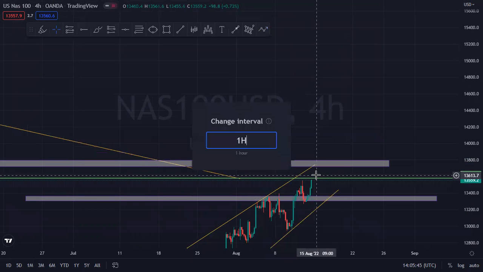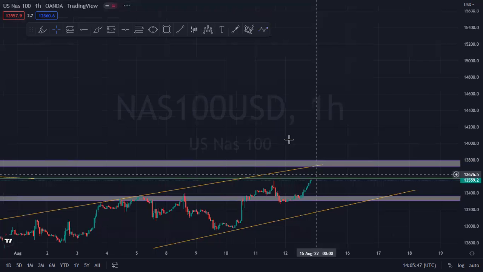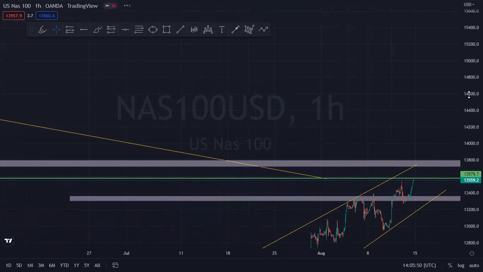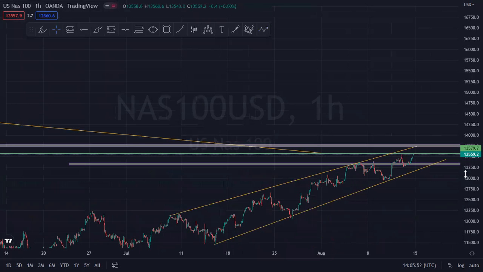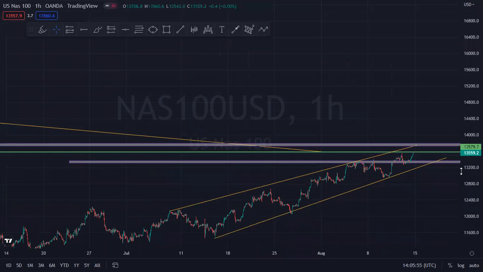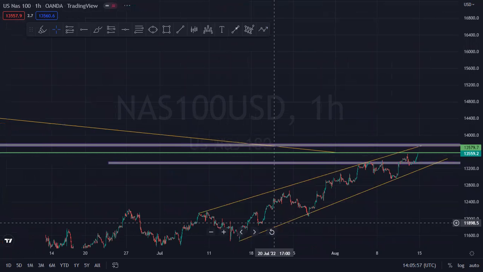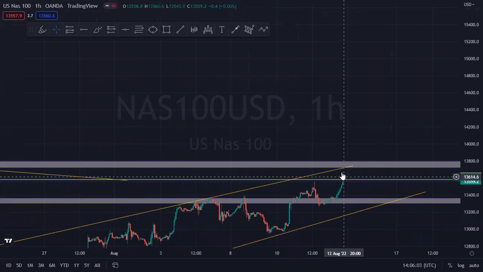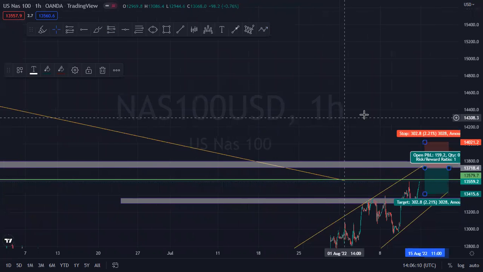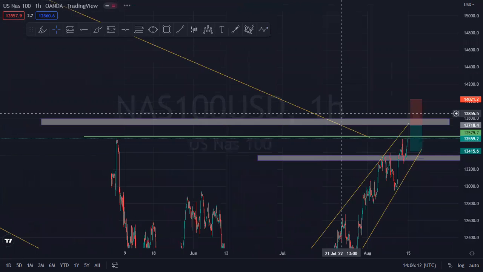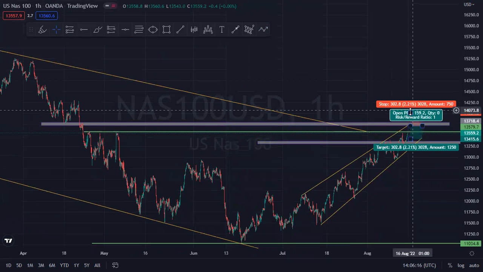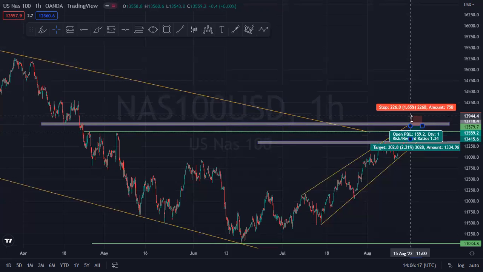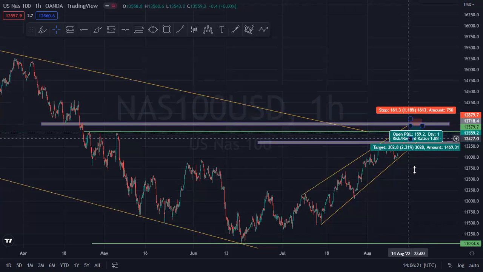I'm saying it's going to break these areas, considering my trend, and we might break back in.